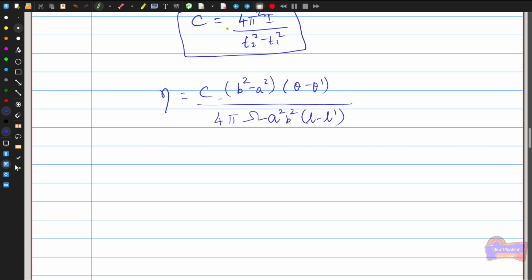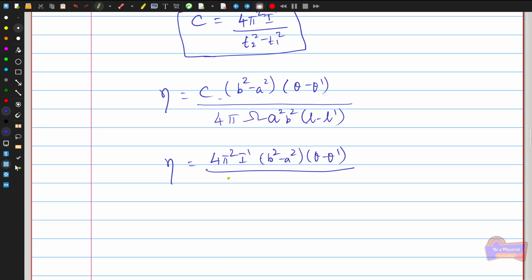The C value is here, so I just substitute it. What I get is eta equal to 4 pi squared I prime (B squared minus A squared)(theta minus theta prime) divided by 4 pi omega A squared B squared (L minus L prime).